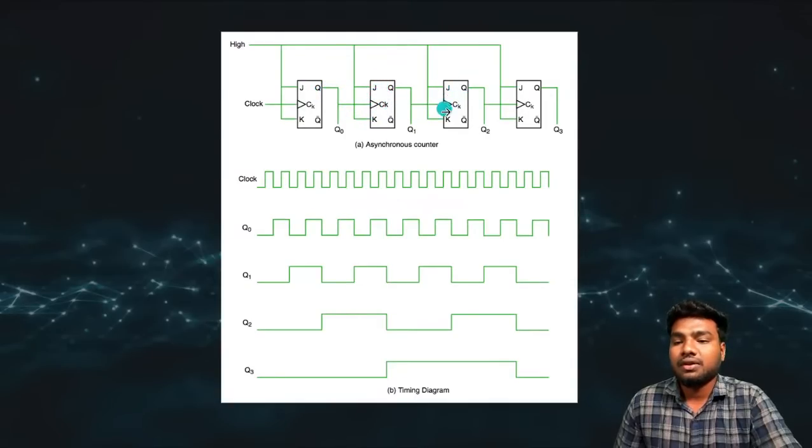Same here, this flip-flop depends on the previous flip-flop. So this is asynchronous. Only the first flip-flop receives the global clock from the oscillator, but the remaining flip-flops depend on the previous flip-flop's output. So this is an asynchronous counter.